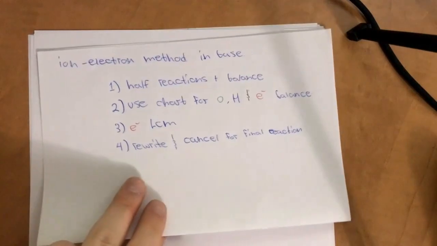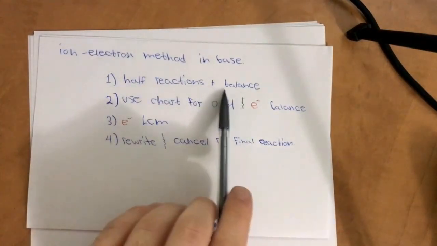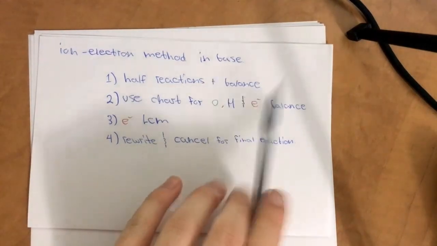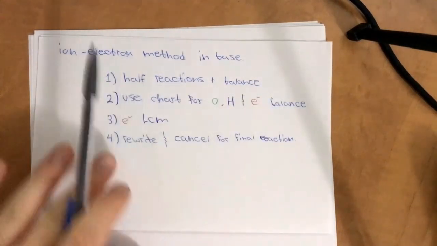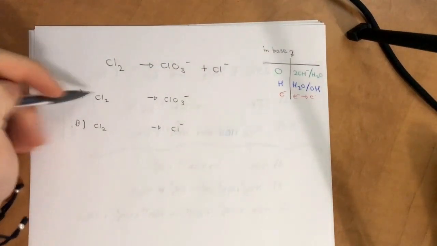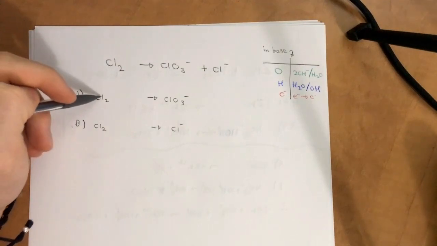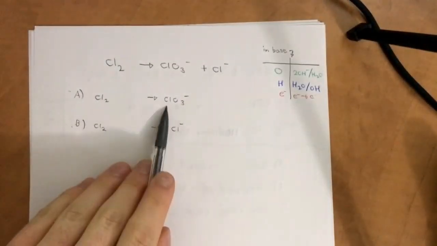So step number one is draw your half reactions, which we've done, and balance anything that is not an O or an H. And this is actually the first time we see an atom that is not an O or H is not balanced. So in this case, our Cl, we have 2 on the left side, we have 1 on the right.